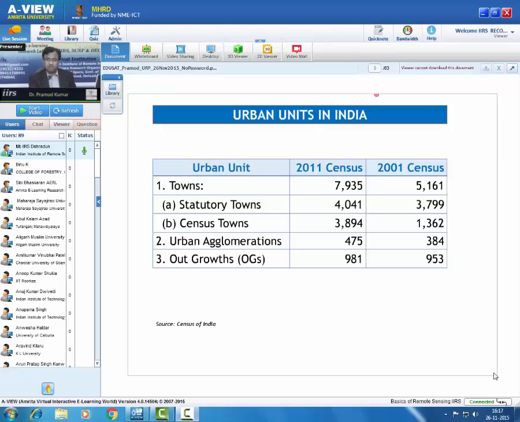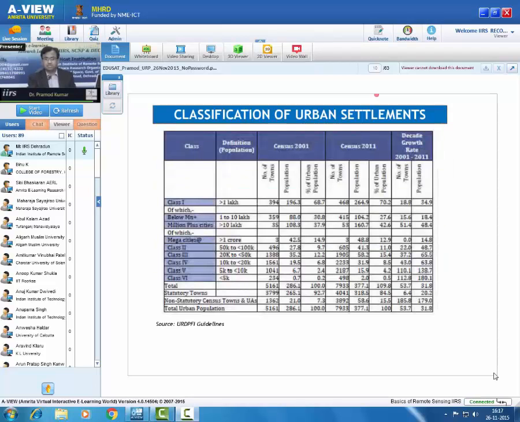Similarly, census towns are now 3,894, as per 2001 census they were 1,362. Urban agglomerations are now 475; as per 2001 census they were 384. Outgrowths were 981 as per 2011 census, and they were 2,953 as per 2001 census.